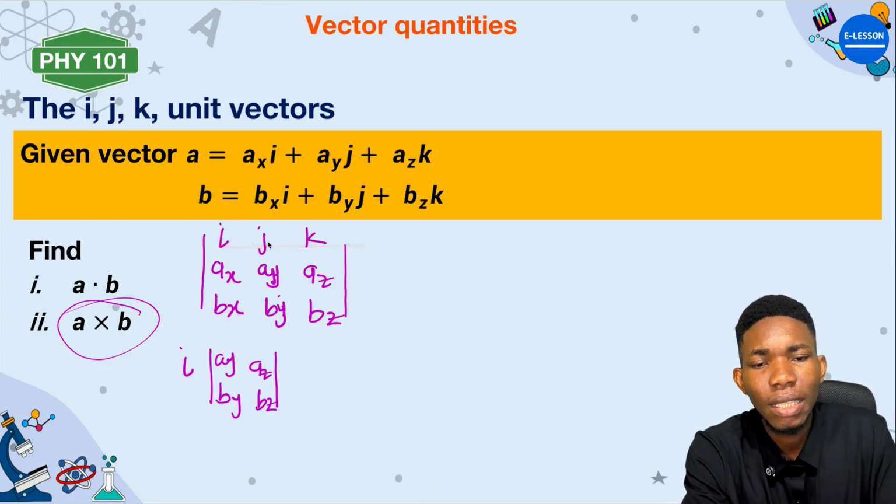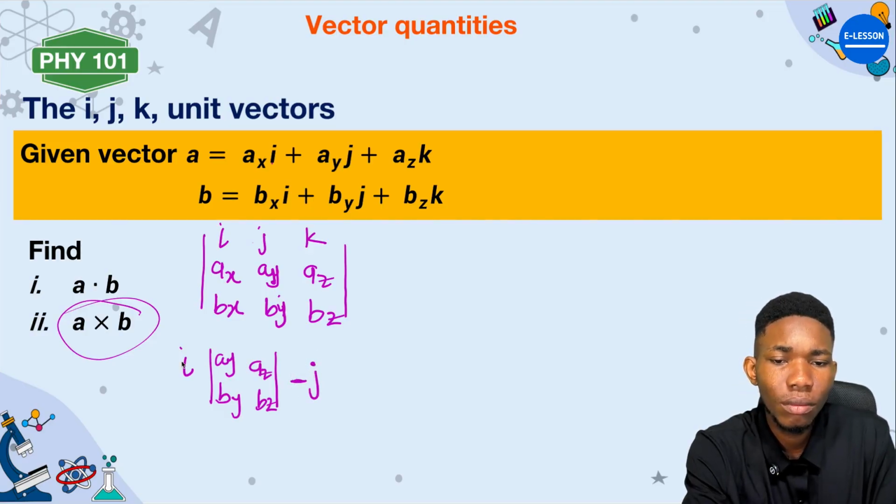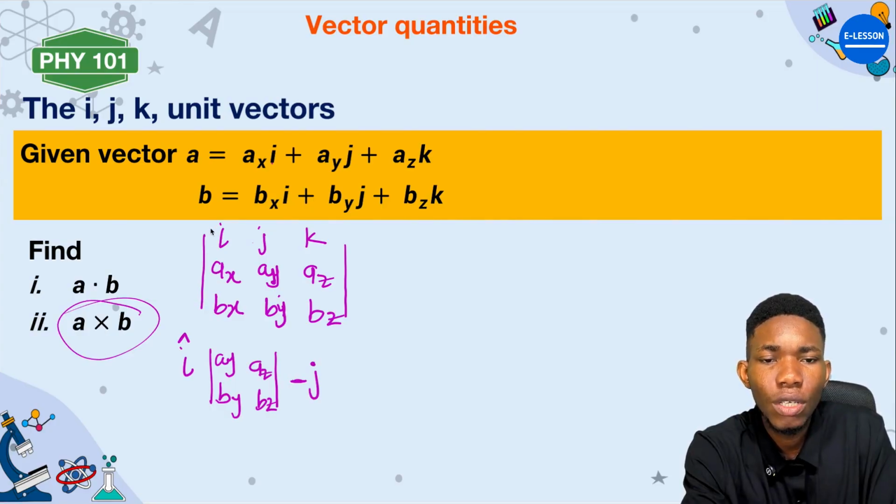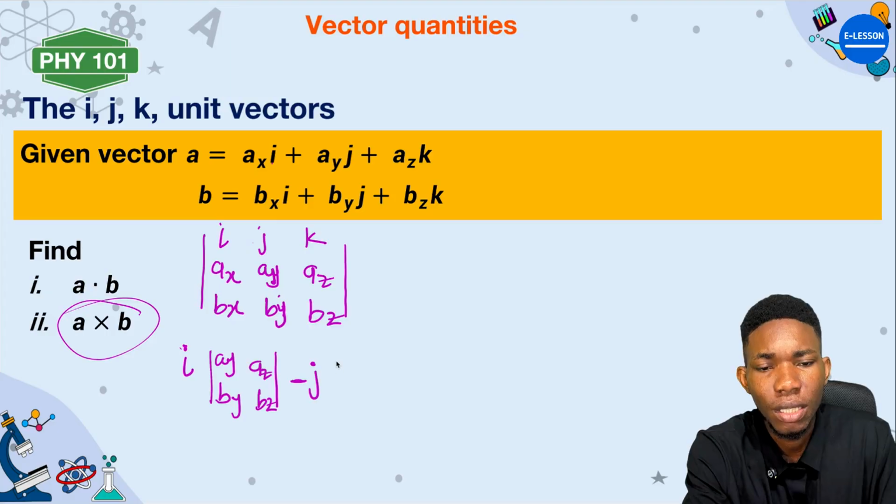Then you go to the next one. Now, for J, you always use minus. So you put minus J. Please take note. For J, you always use a negative sign. So put minus J, and then rule another two lines again, like this.